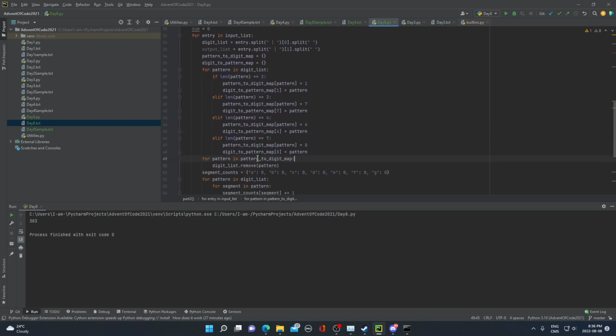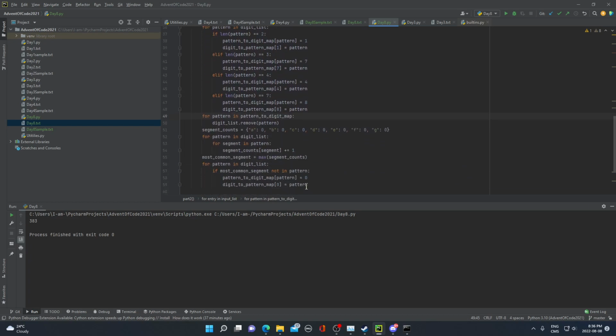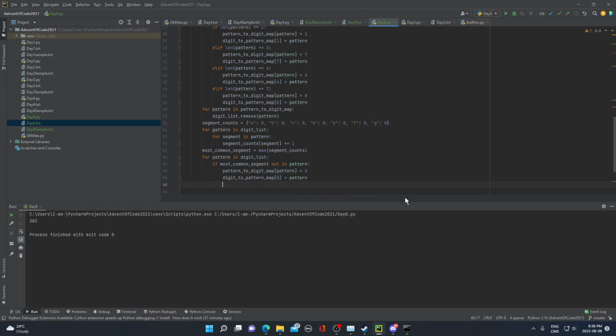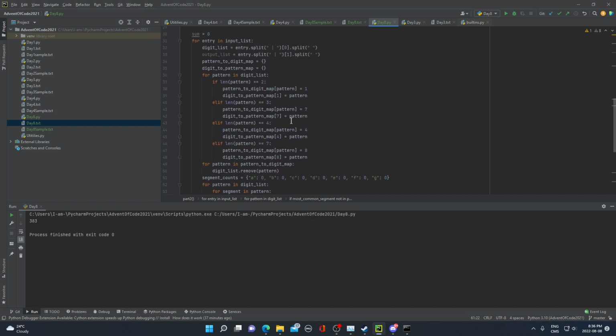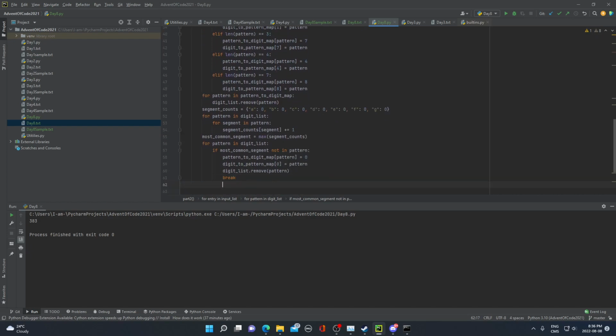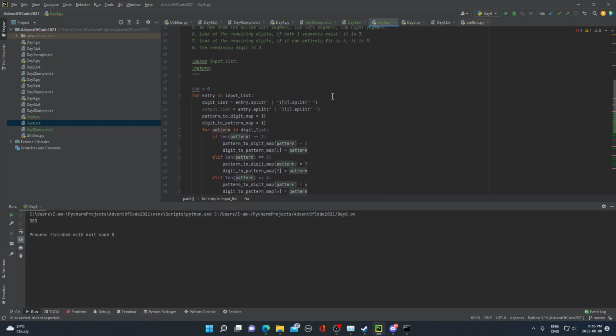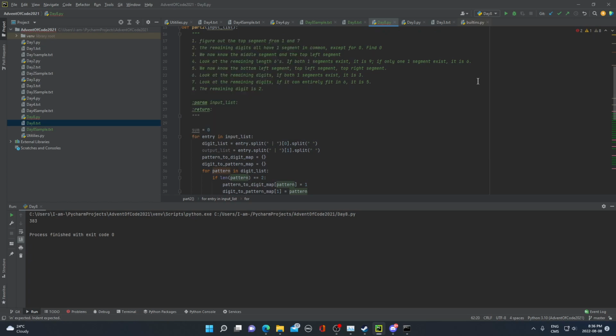Look at the remaining length 6s. Remove pattern, we just remove it from there and then break it. Look at the remaining length 6s.